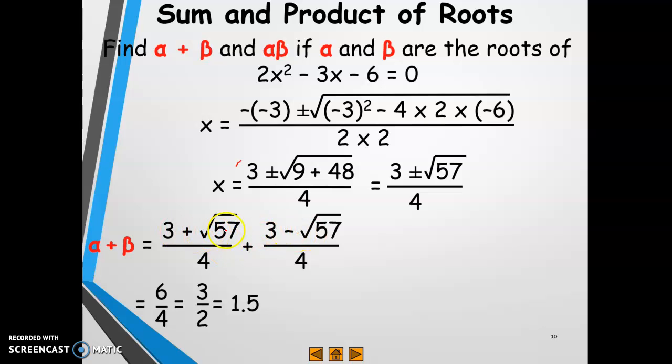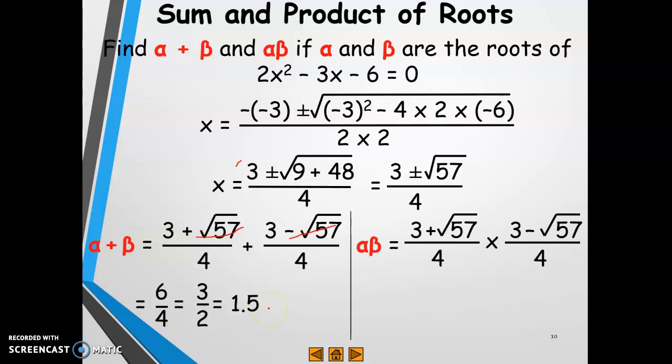Since the signs of the radicals are opposite, they cancel. The remaining is 3 plus 3, which is 6 over 4, and you can simplify it as 3 halves, which is also 1.5. Okay, that's your sum.